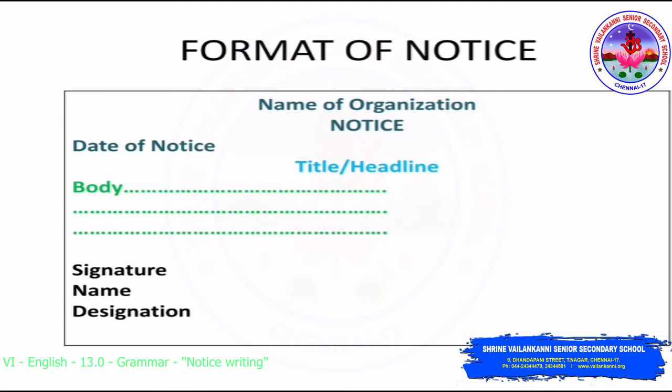Below it, write the title of the notice, and below it, write the body of the notice, and the signature, name along with the designation of the issuing authority must be written. Hope you all are clear with this format.